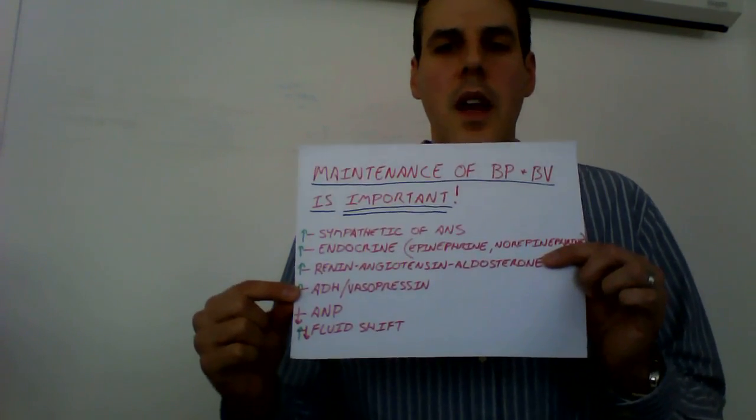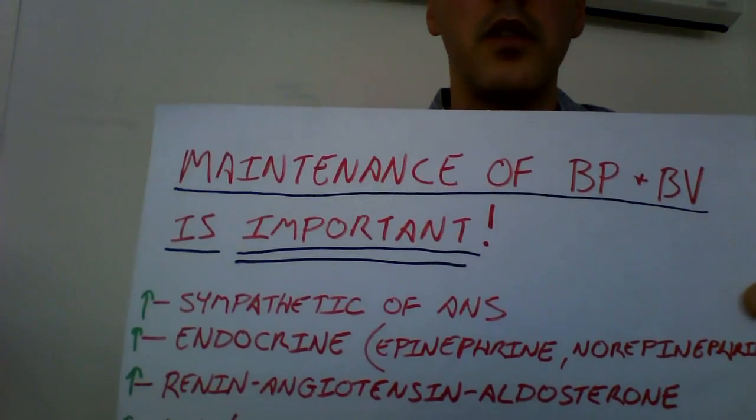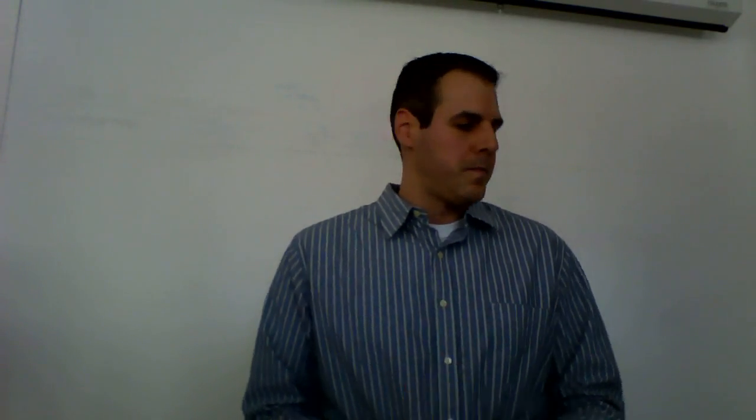Then also ADH, antidiuretic, you can also prescribe diuretics, and diuretics are basically doing the opposite of ADH. So since we have many ways to increase blood pressure and blood volume, because maintenance of blood pressure and blood volume is important, we have many ways to treat blood pressure.